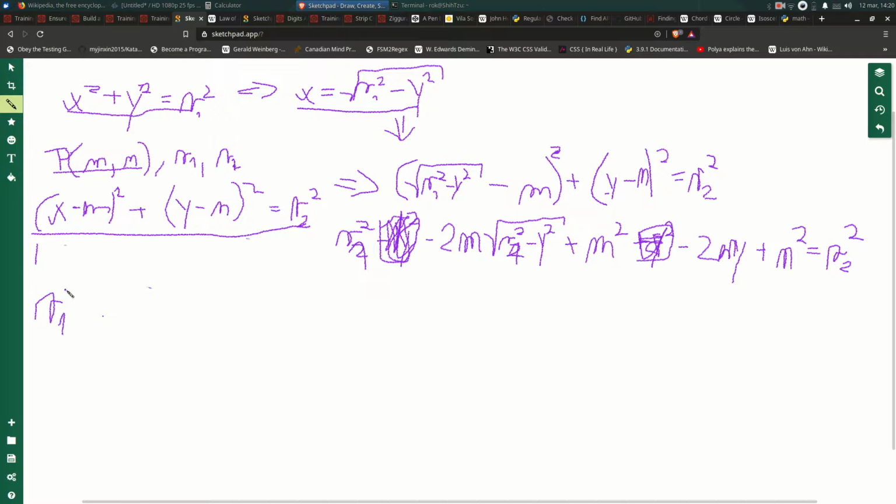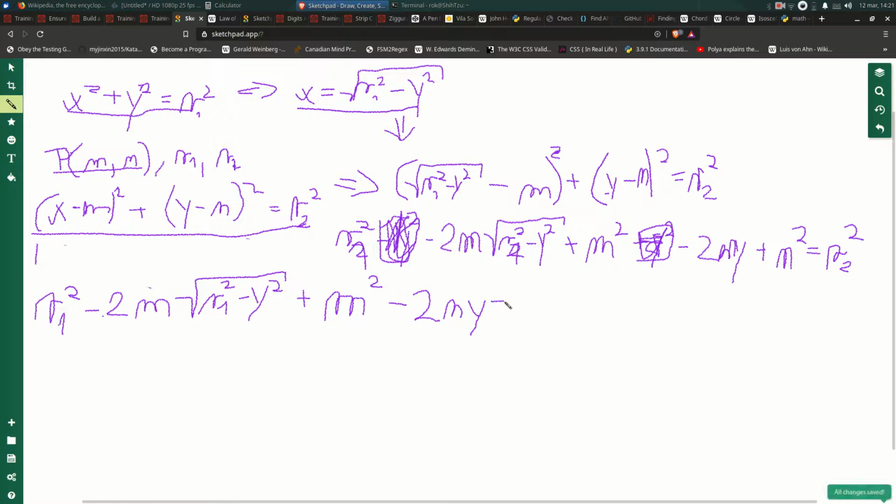So you got r2 squared minus 2m with that thing, so it's r is still r1 squared minus y squared plus m squared minus 2ny plus n squared equals r2 squared.